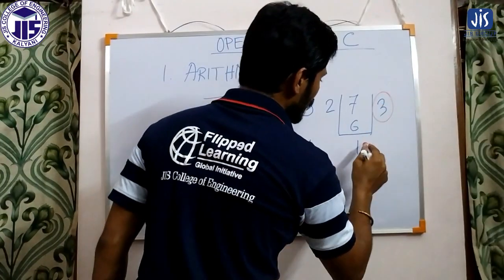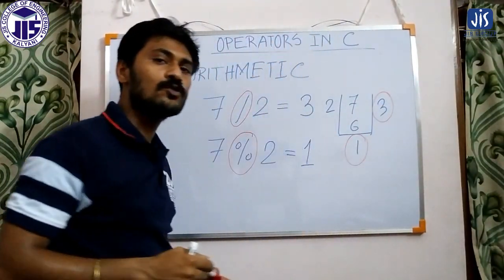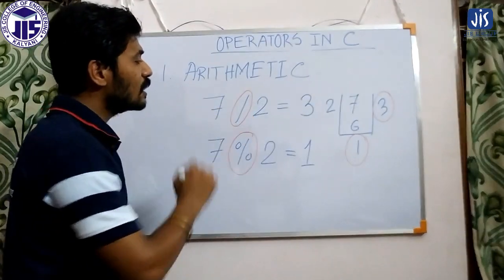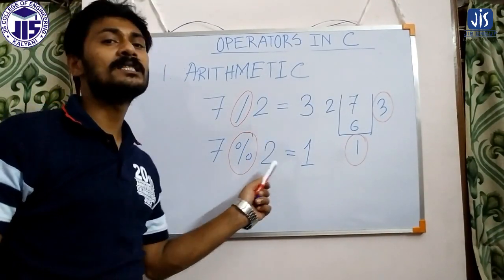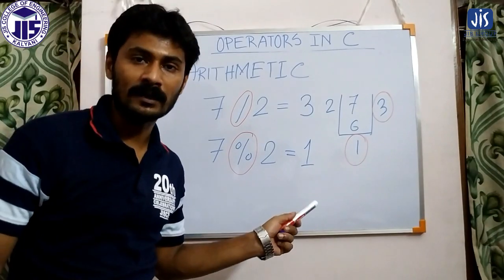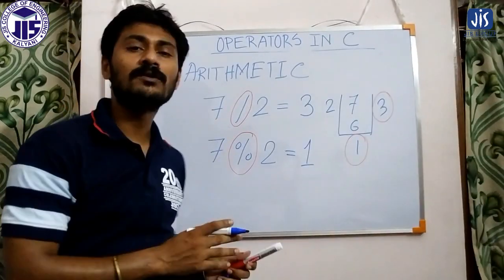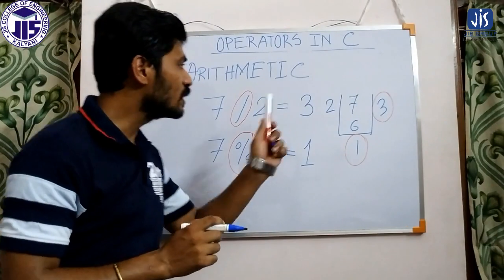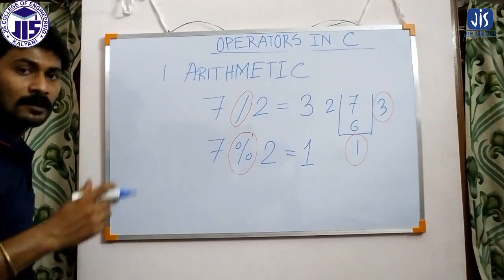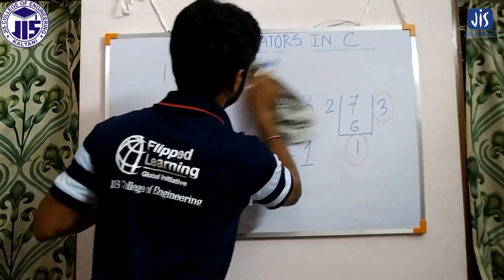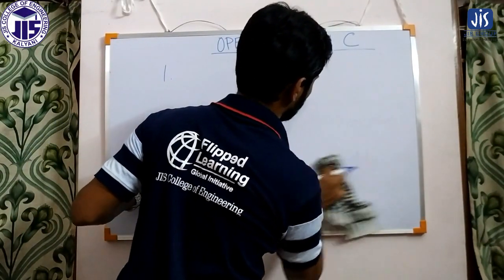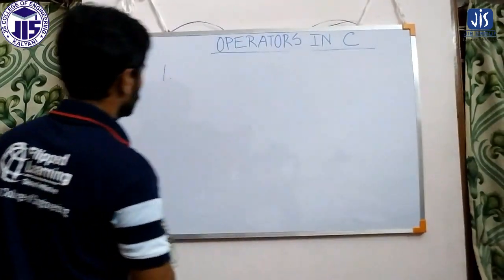So this is 3, this is 1. You can see that division represents the result and modulus represents the remainder. That is the difference between the division and modulus operations. So these are all about the arithmetic operators. Now we are coming to the next one, number 2.